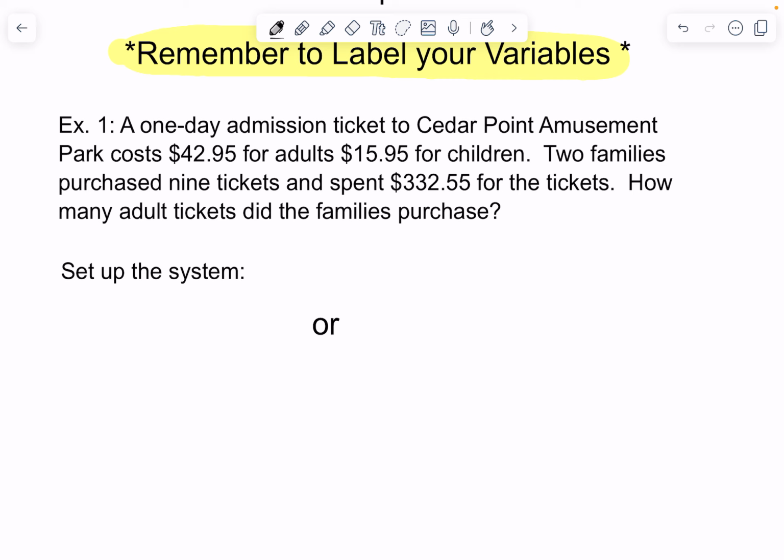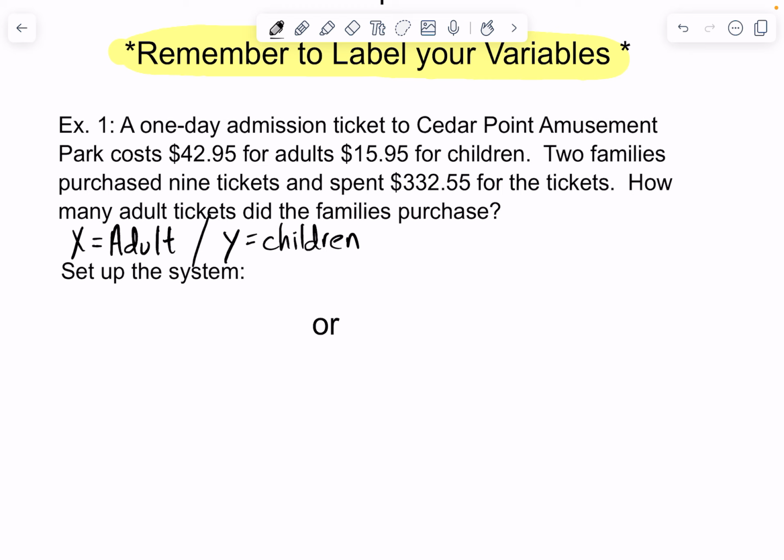We're dealing with a system, so we know that we're going to need at least 2 different equations, and usually we're dealing with a quantity equation and a value equation. Now, before we do any of that, let's go ahead and label. I'm going to call X my adults and Y my children tickets.